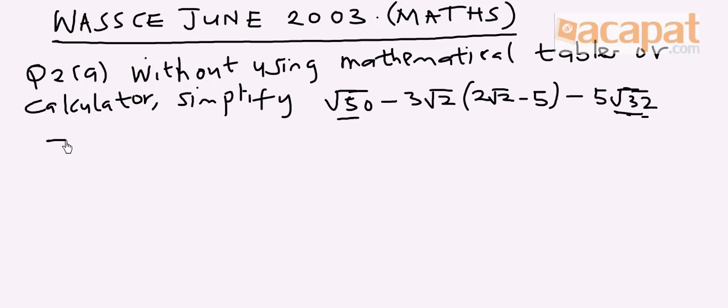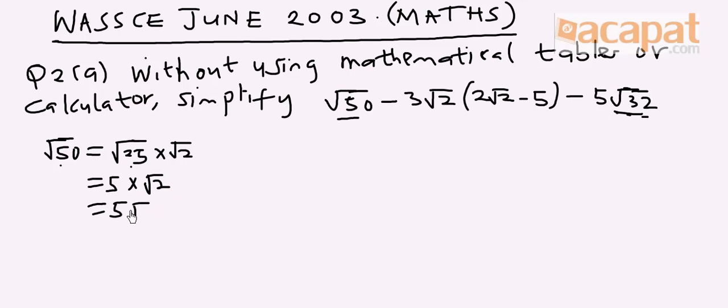We have that root 50 is equal to square root of 25 times square root of 2, because 50 here is 25 times 2, so that square root of 25 here gives 5. So I have 5 times root 2. This will be equal to 5 root 2.